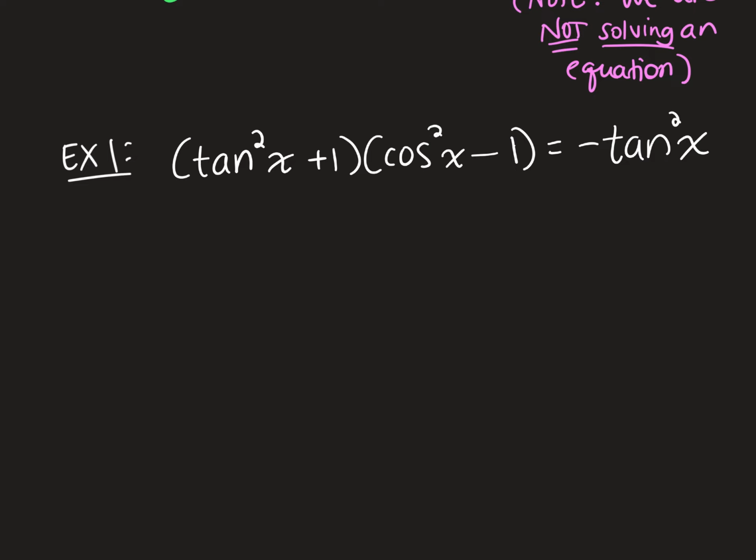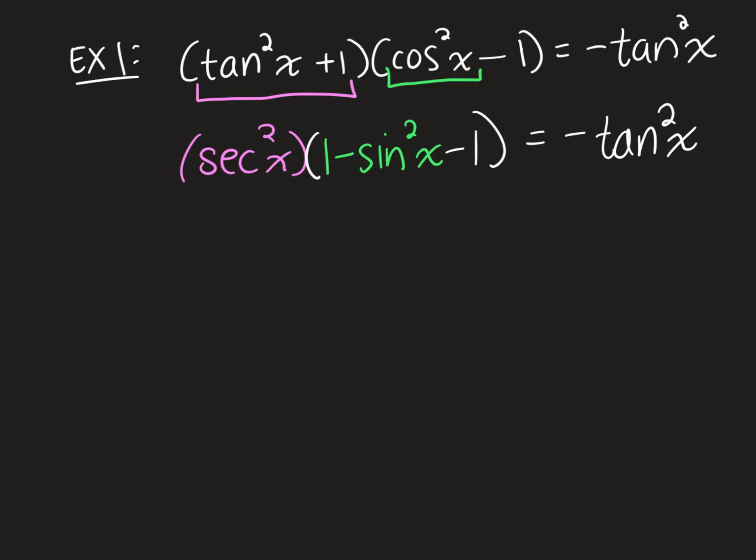Now, doing that alone should give me something that I can simplify a little bit more, and we're going to stop after this step and analyze what we have. I see that 1 minus 1 is 0. So what's left is just negative sine squared.